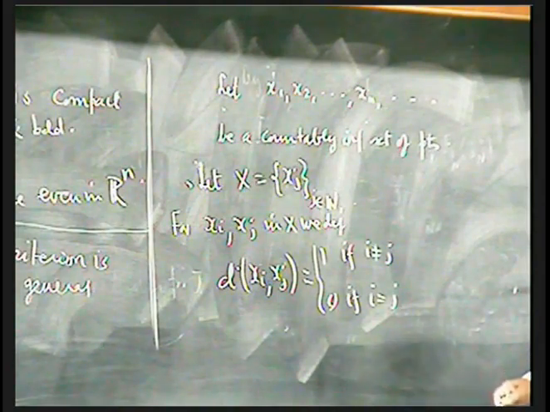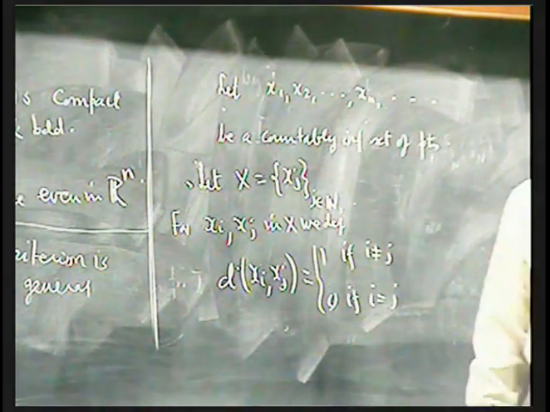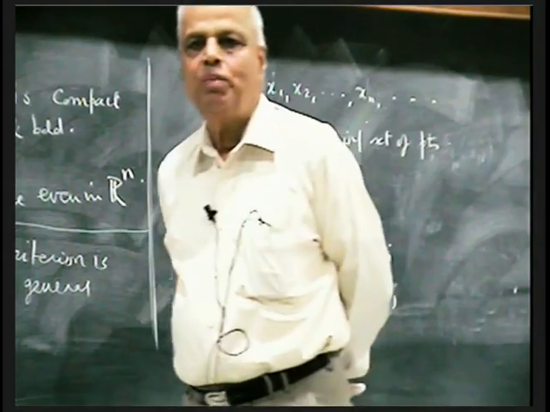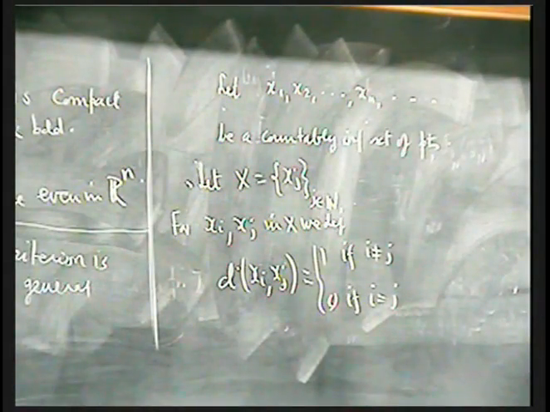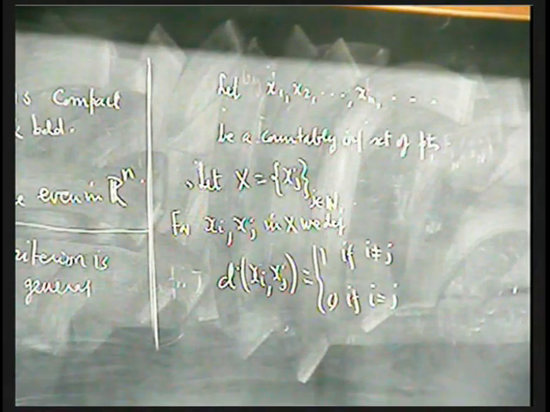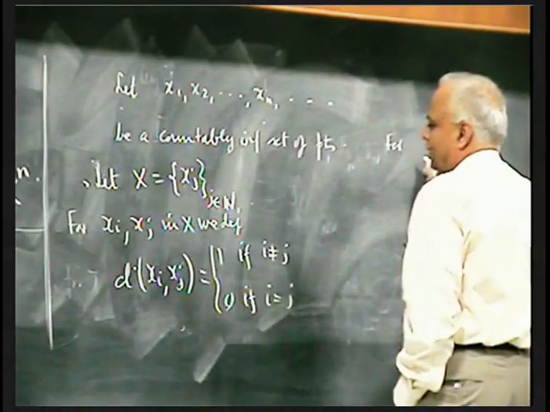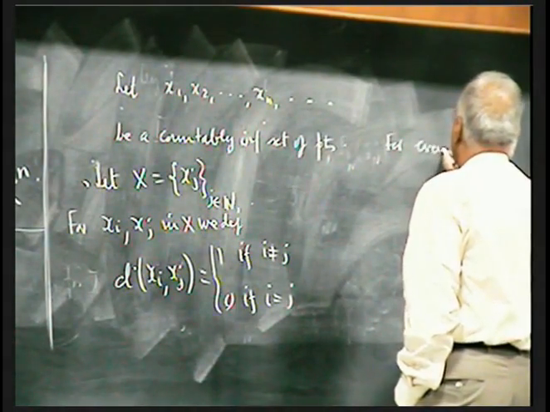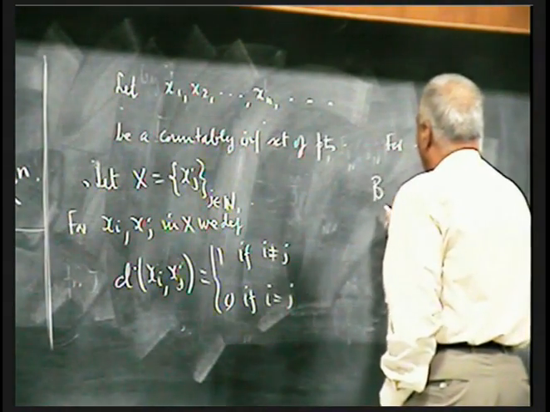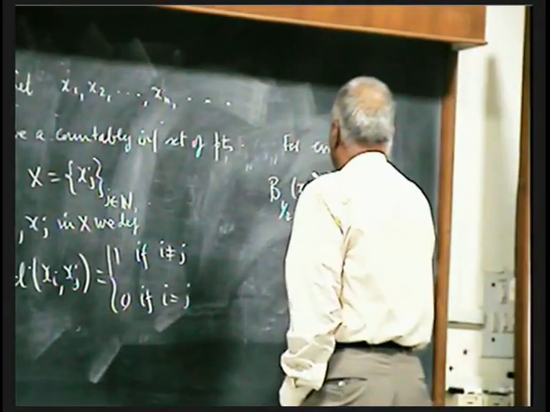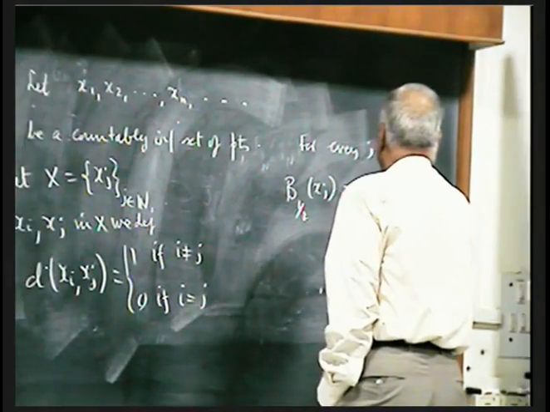Now about each point, you take a ball, an open ball of radius half. How many points will it contain? The only point which is at a distance half from xi is xi itself. Everybody else is at a distance 1 from it. So for every j, the ball of radius half around that point is only this point.